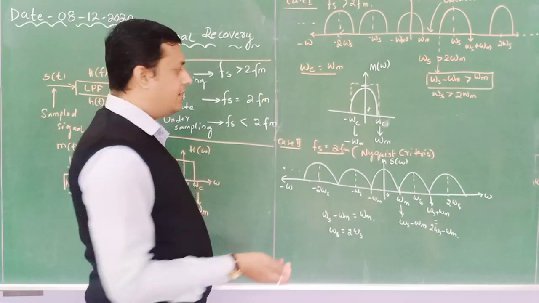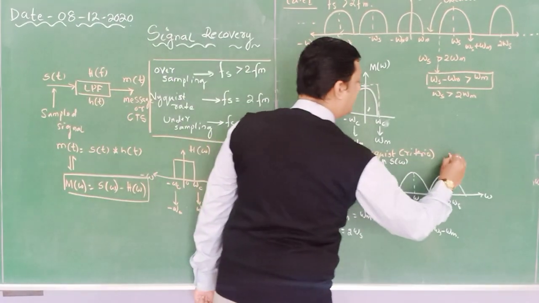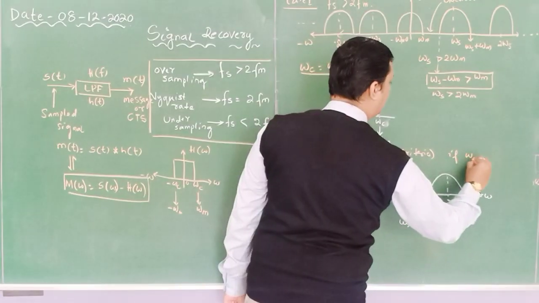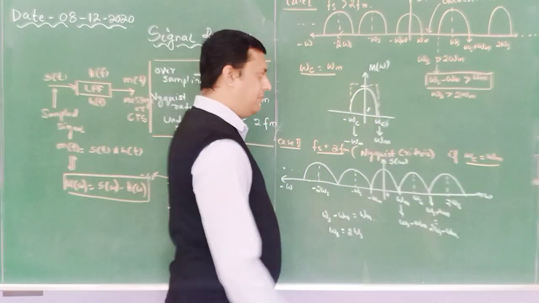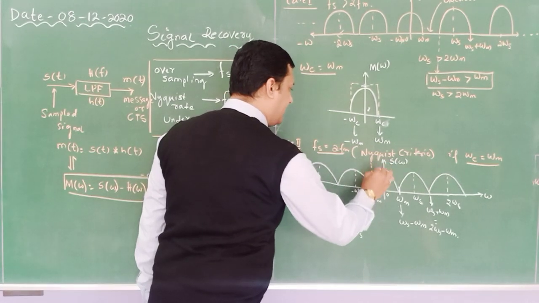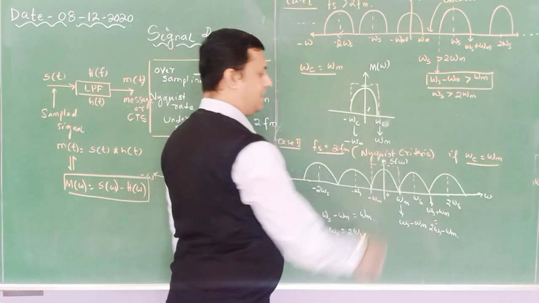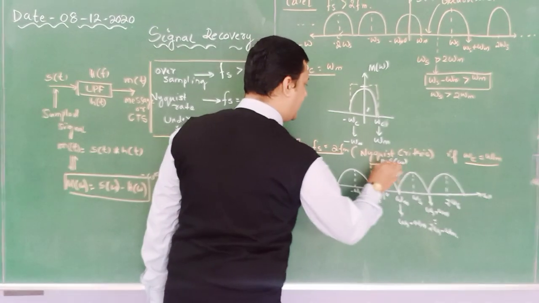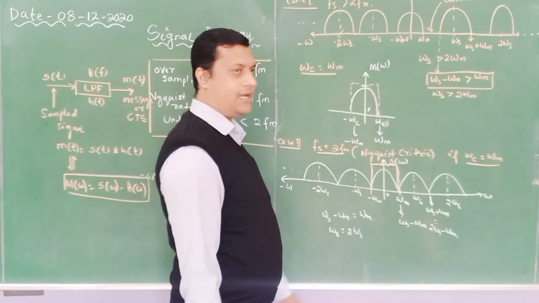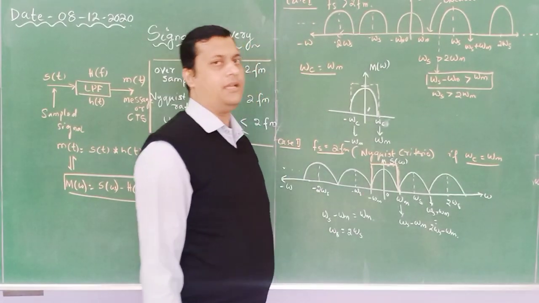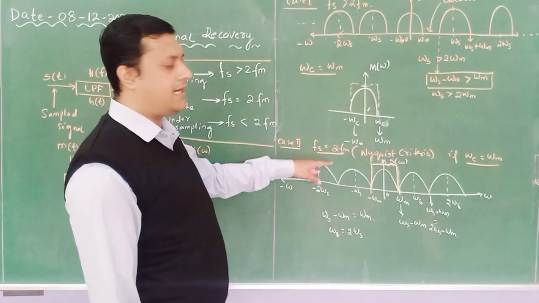If the filter response omega c is equal to omega m, that means it will extract this particular band limited signal. So here I can say up to this much, minus omega m to omega m, the information can be recovered. So that indicates what?